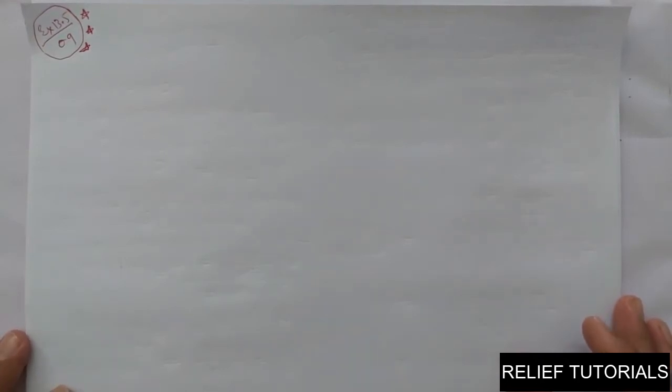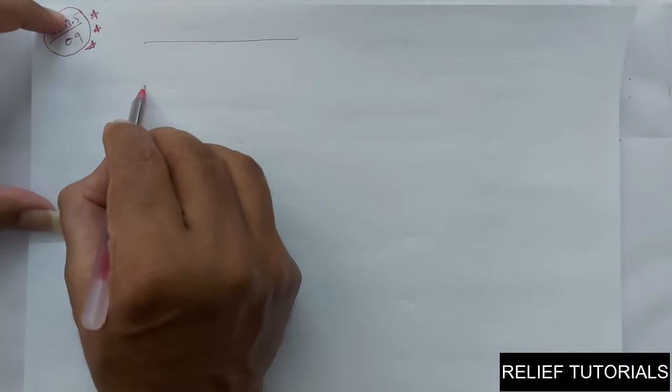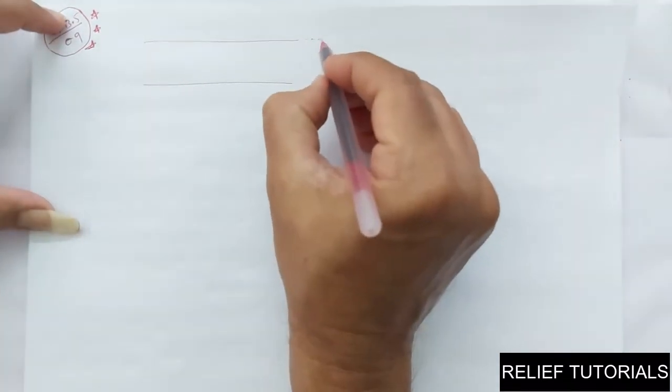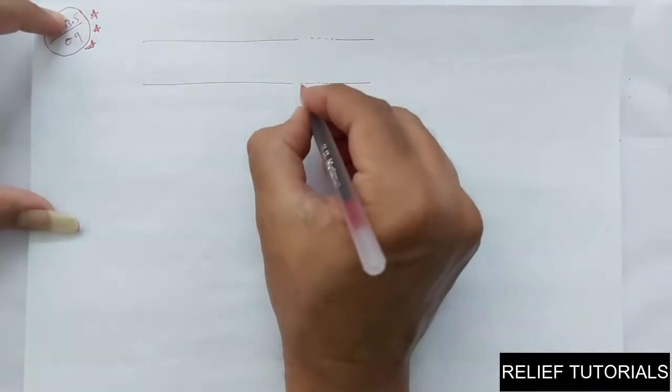Now read the question. A river 3 meter deep. There is a river. See, a river. This is the river.